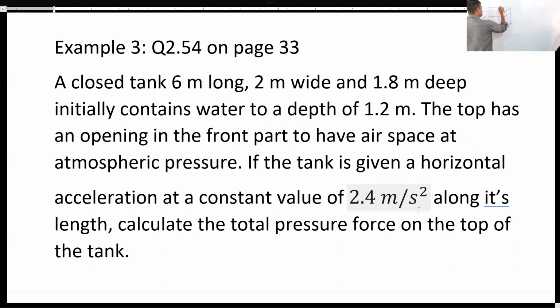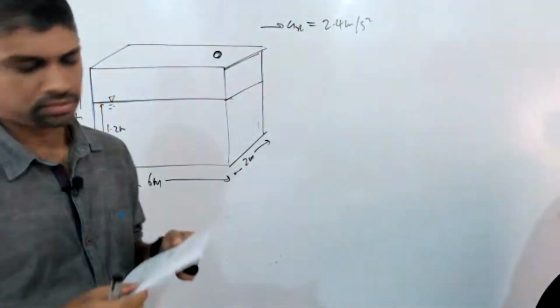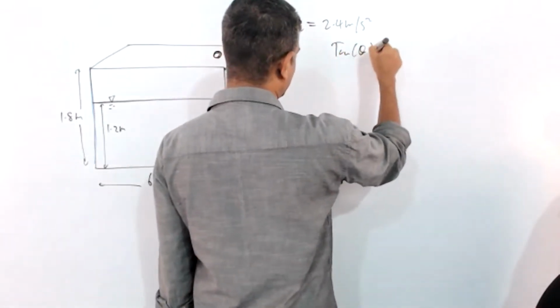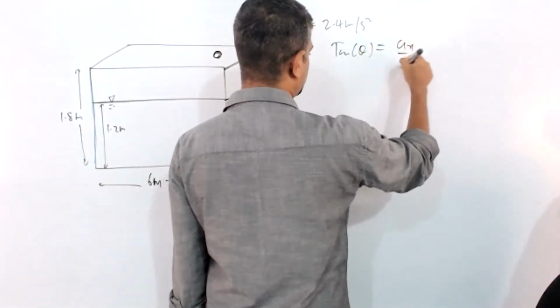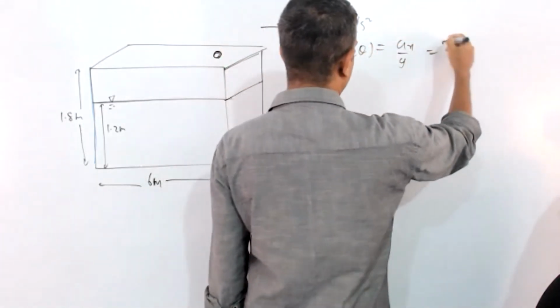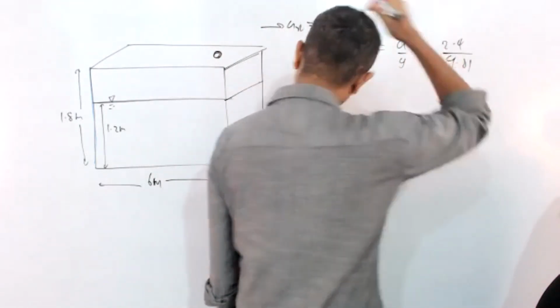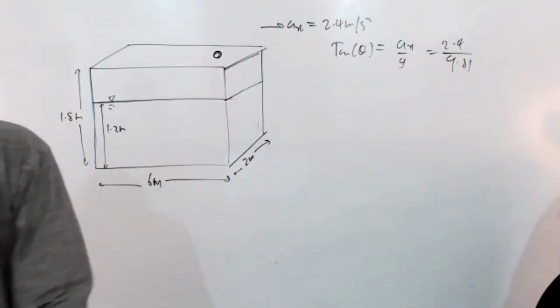It says there is also a hole. The acceleration is given as 2.4 meters per square second. First thing, we can calculate theta. So tan theta is ax over g, 2.4 over 9.81. Then we can calculate theta.